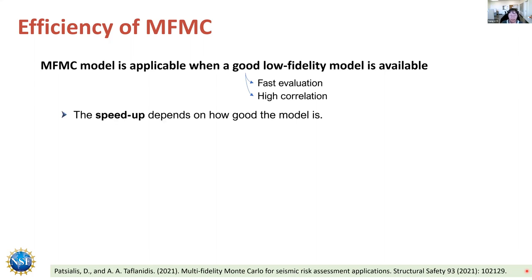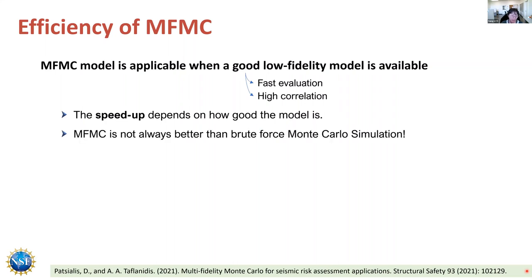So the gain of speed, like speed up, depends on how good this model is. And the most important thing is that multi-fidelity Monte Carlo is not always better than the brute force Monte Carlo simulation using only the high fidelity simulations.